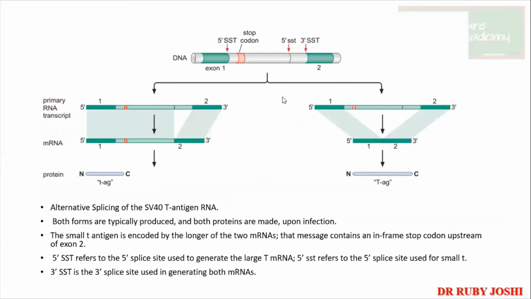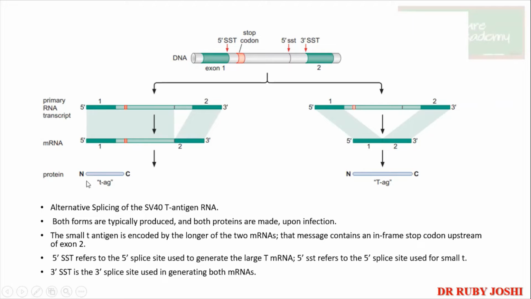Here we have the primary transcript. Now if you see, we have the stop codon present over here. The small t antigen is encoded by the longer of the two mRNAs.